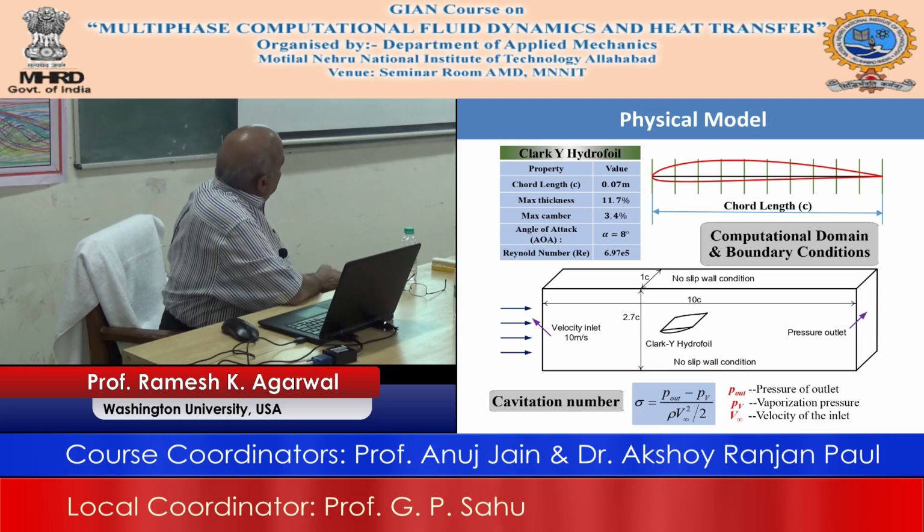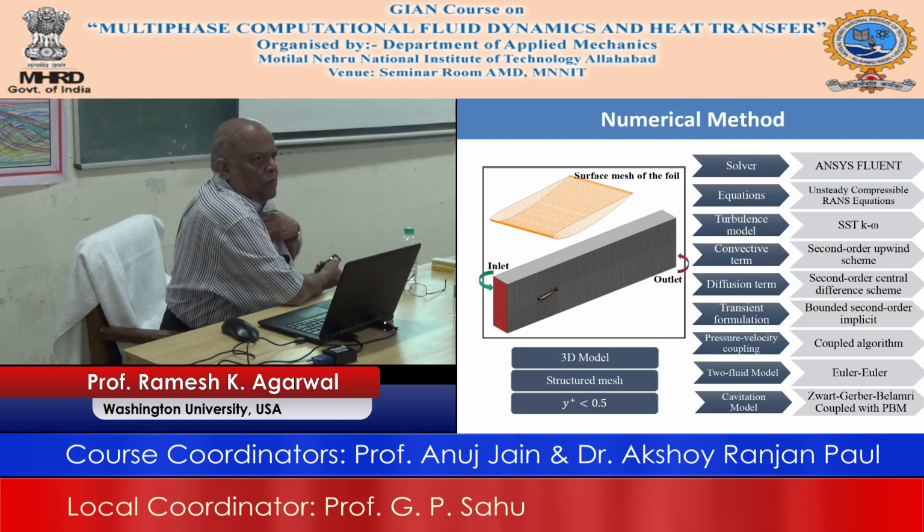Okay. And now here we are going to use a two fluid model. Previously both the examples had a single fluid model. Which one? Yeah, we are using compressible, because in this particular case the Reynolds number and Mach number that we are simulating is a little higher, so it's better to use compressible.